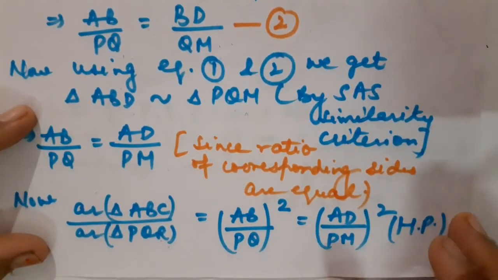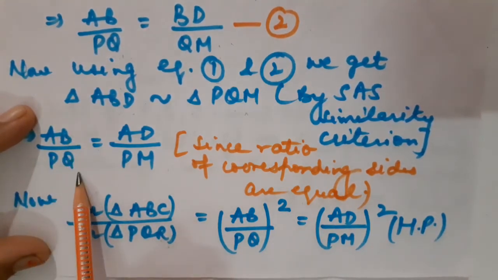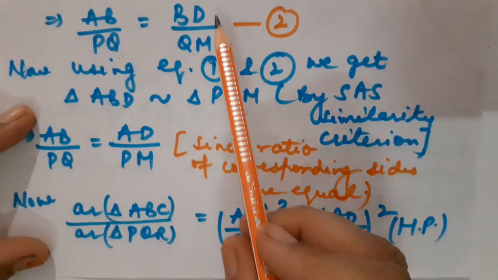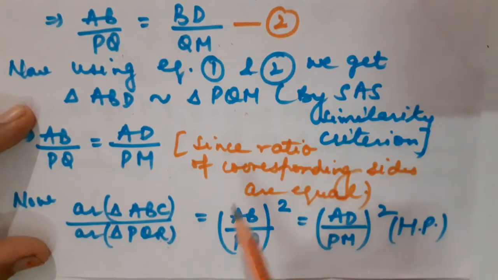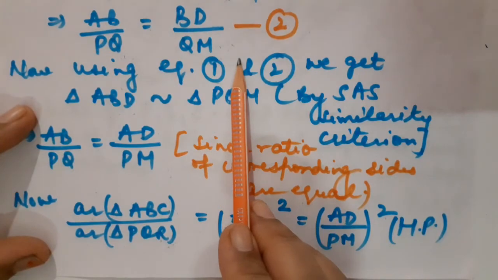Fine. So, as I know according to theorem 6.6 that the ratio of area of two similar triangles is always equal to the square of the ratio of their corresponding sides. Okay, now which are the corresponding sides? AB upon PQ, AD upon PM and of course BD upon QM also. So can I write that the ratio of area of triangle ABC to area of triangle PQR is equal to AB upon PQ whole square is equal to AD upon PM whole square is equal to BD upon QM whole square.